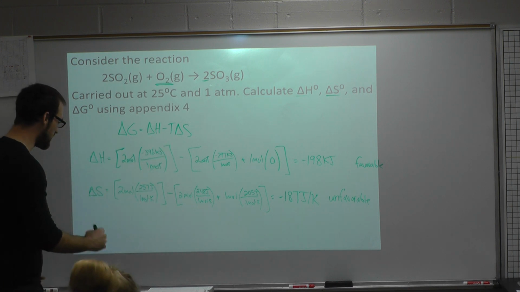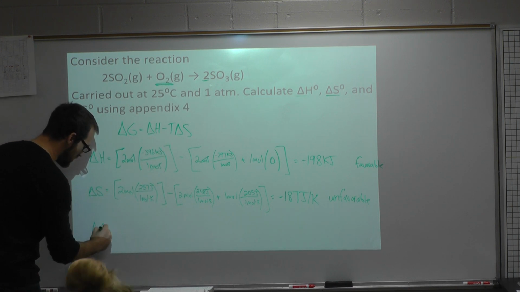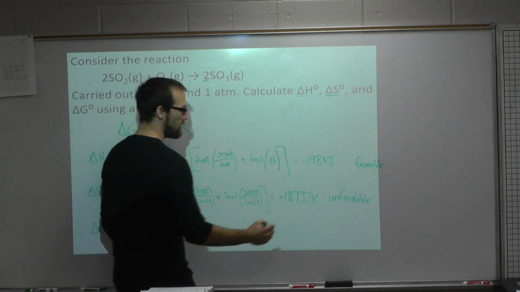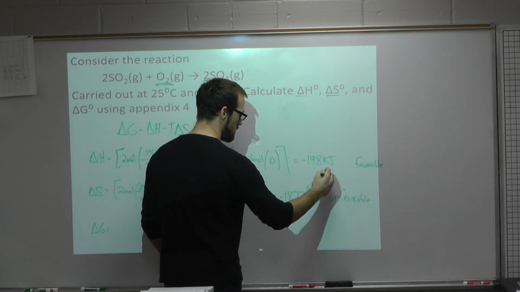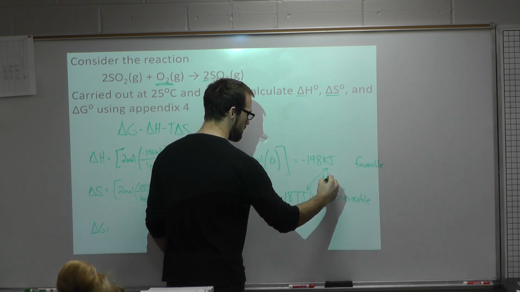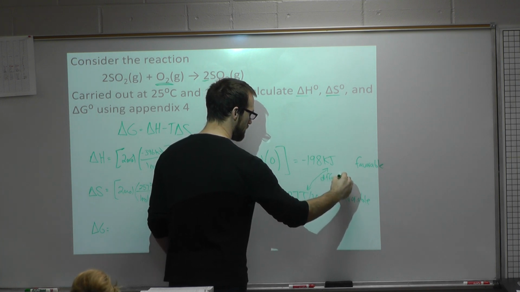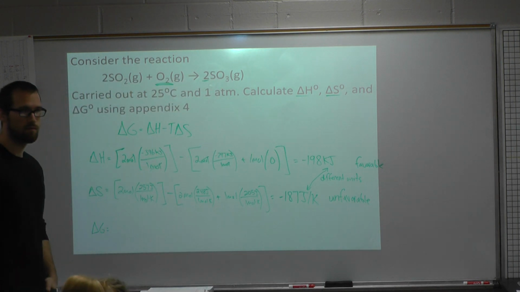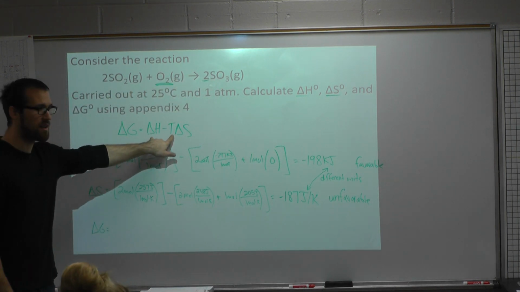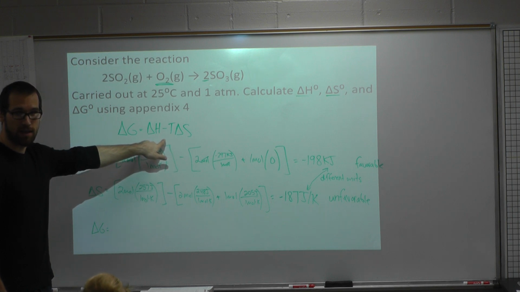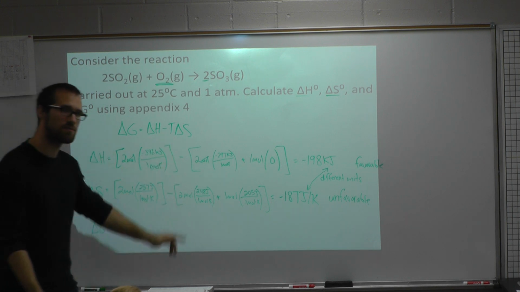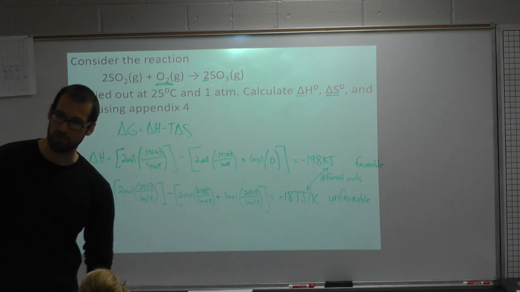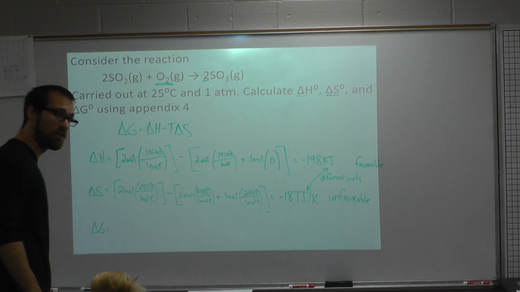Now, let's find the change of G, but I want to make a little note here. Different units. And we're adding and subtracting here, so they need to be the same. So it doesn't matter if you convert kilojoules to joules or joules to kilojoules, but you must do one of the two.